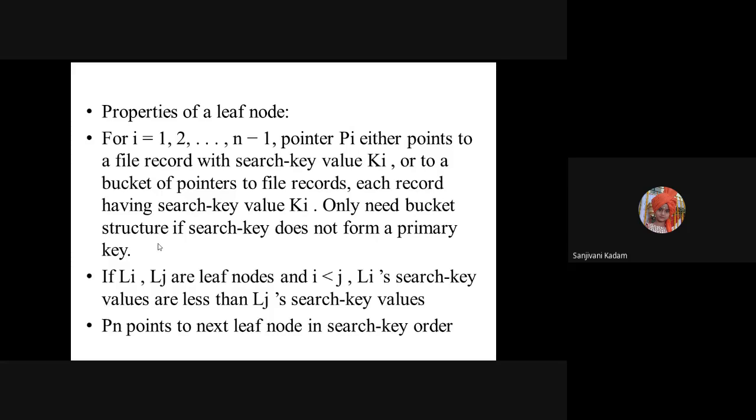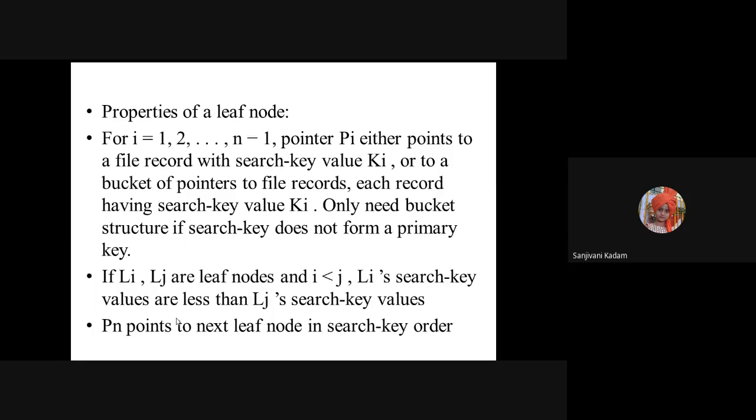When to use buckets? That is required whenever the search key value is not a primary key. If it is a primary key, then there will be a single record and no need of a bucket. And how that bucket structure should be maintained is decided as per the structure. Okay, this is the first point regarding the leaf nodes.